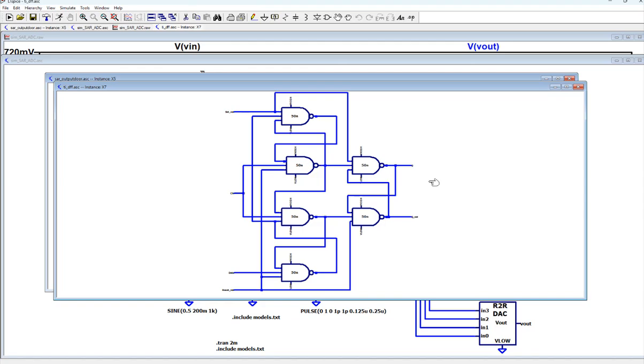It's the TI version of it with the set and reset, and both of them are active 0, which means that 0 will trigger it.